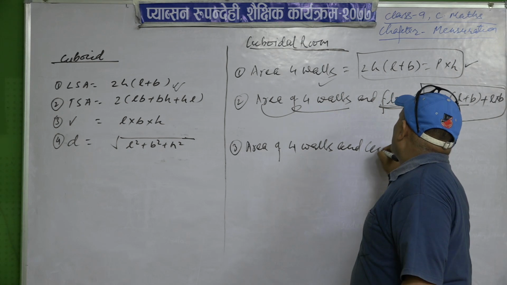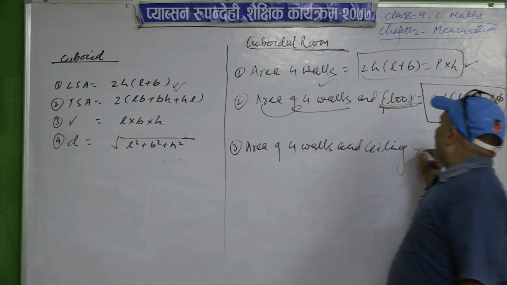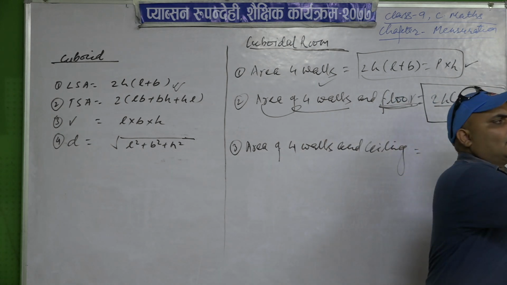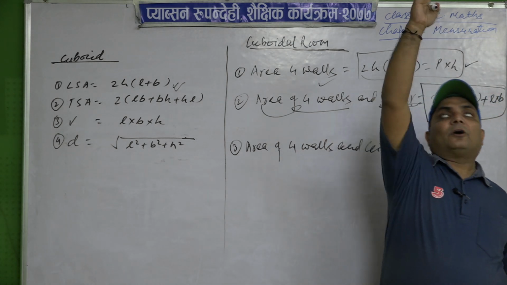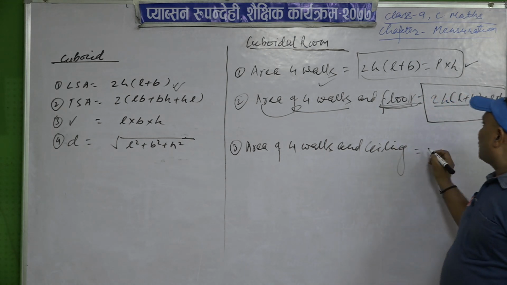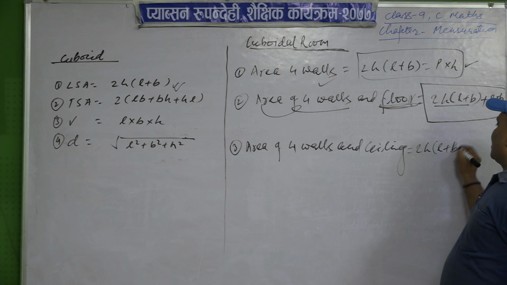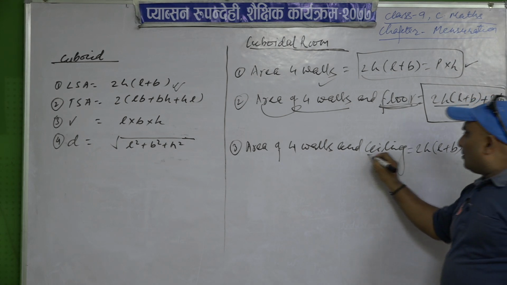and ceiling. Now see, suppose we have to find the area of four walls, meaning this area, this area, this area, this area, and the ceiling. The ceiling is the upper area. So the area of four walls we have already got as 2h(L + B), and plus what?